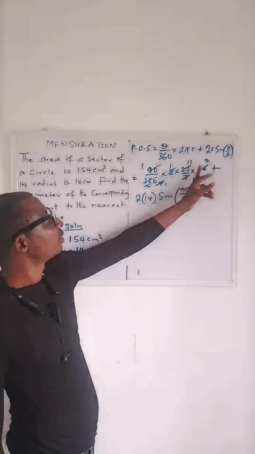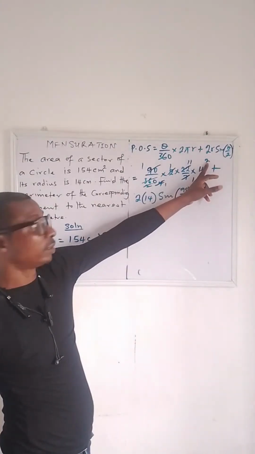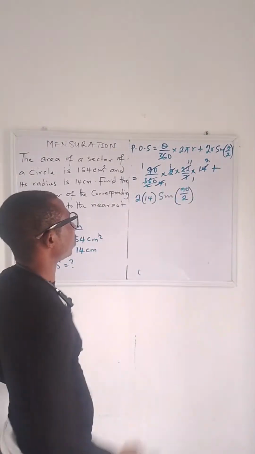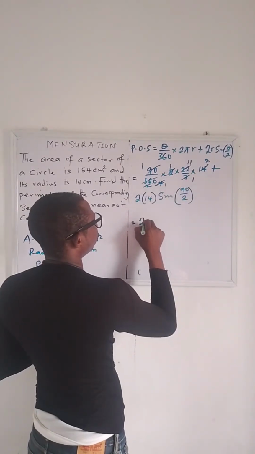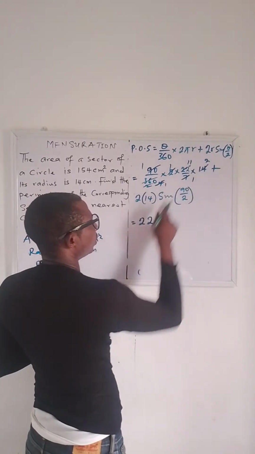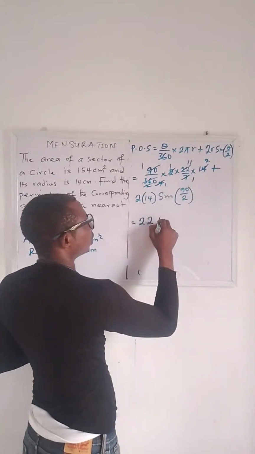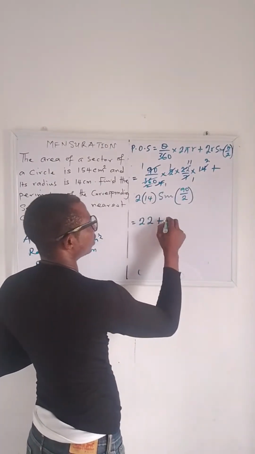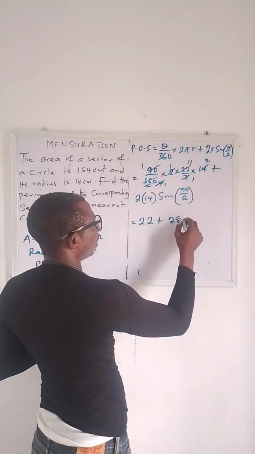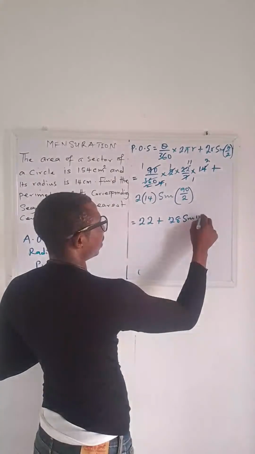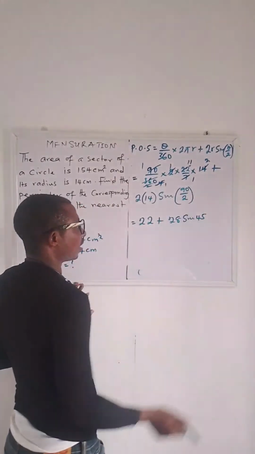So what we have here now is just 11 times 2 over 1. So we have 22, because 11 times 2 is 22, plus 28 sine 45, because 90 divided by 2 is 45.